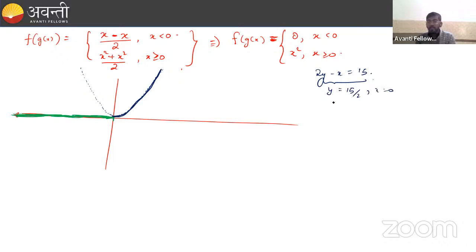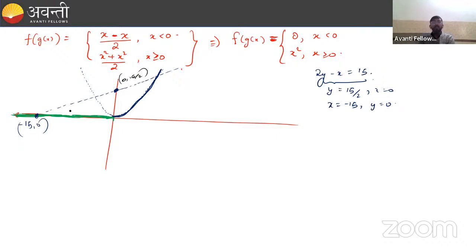And when y is 0, we get x equals to minus 15, so the points are minus 15 comma 0 and 0 comma 15 by 2. So the line will pass through them.